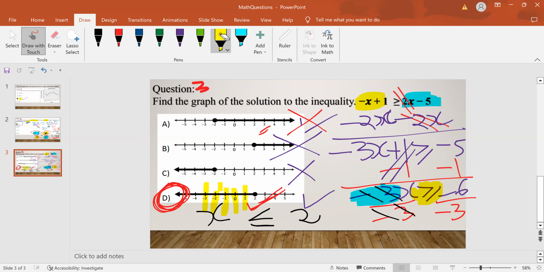So at 2 you're going to have a shaded circle, which is the case here. Then you move to the left side. Any value to the left of 2 is a solution to this inequality. That's the reason D is the best choice.